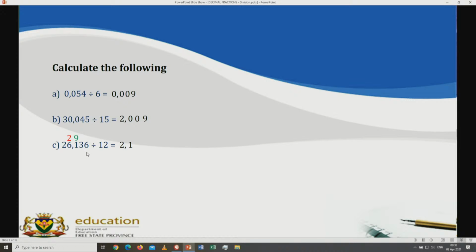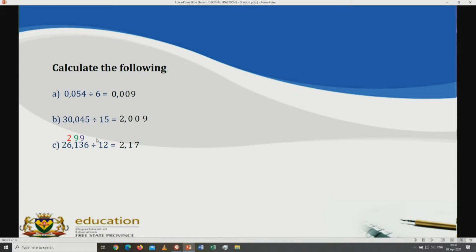9 tenths. And then 9 tenths, you look at these 3 hundredths, they will form 93 hundredths. And then 93 hundredths divided by 12 will give us how much? 7, which is 84. And then 93 minus 84 will be remaining with what? Will be remaining with 9 again, 9 hundredths.